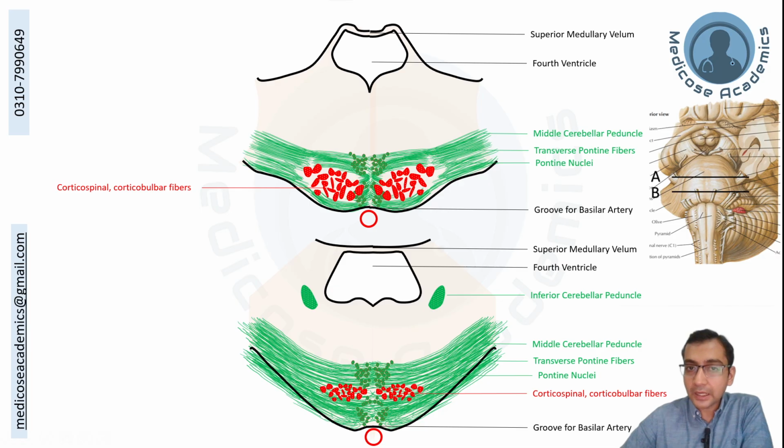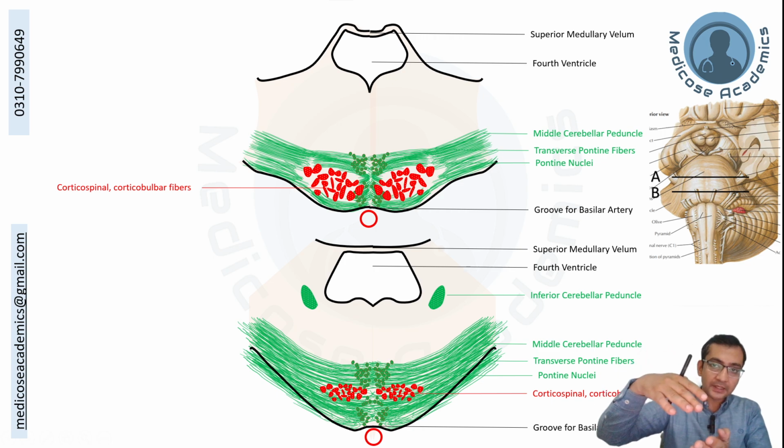Next, other peduncles, superior and inferior cerebellar peduncles. I know you have studied that the superior cerebellar peduncle joins the midbrain with the cerebellum, the middle one joins the pons with the cerebellum, and the inferior one joins the medulla oblongata with the cerebellum. But these converge at the level of the pons.